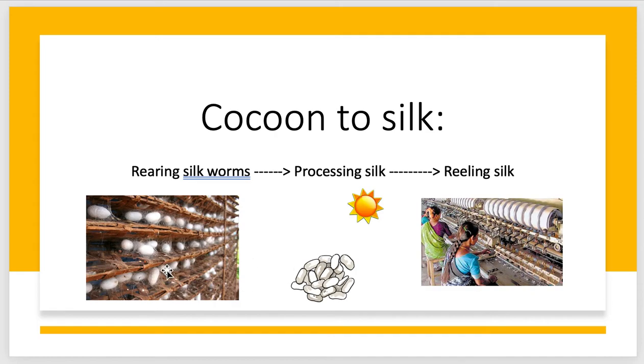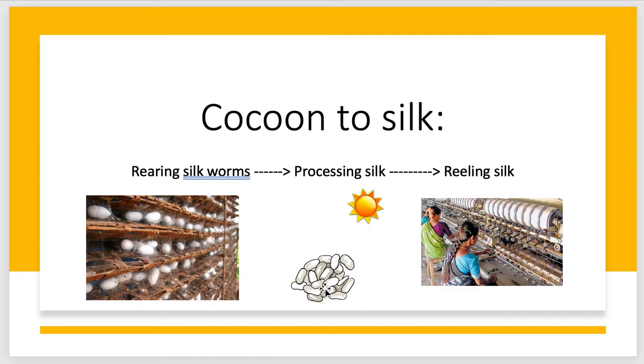So these cocoons, all of them, are taken and kept under the sun, or boiled in water, or exposed to steam. So steam is nothing but water vapor. Boiled water actually turns into a gas. So when you're boiling water, you can see those waves coming out. That is nothing but steam.